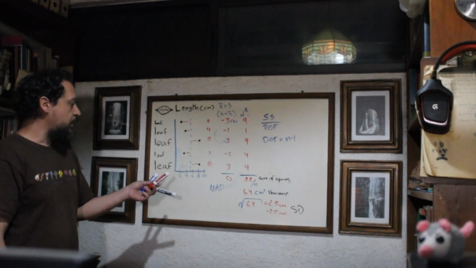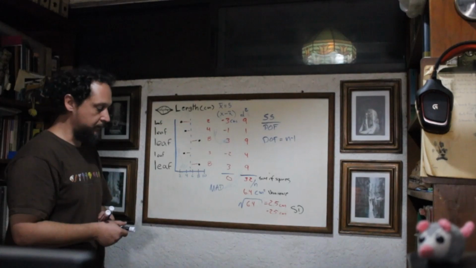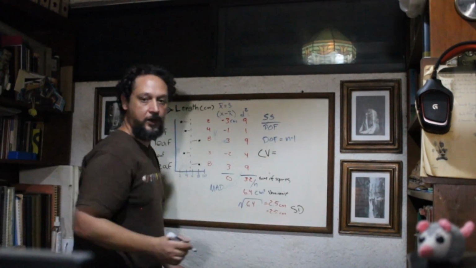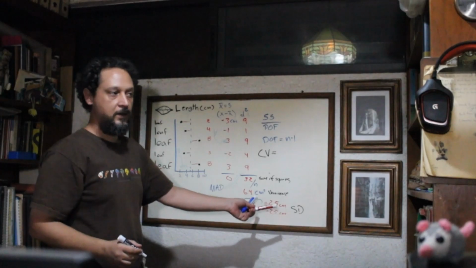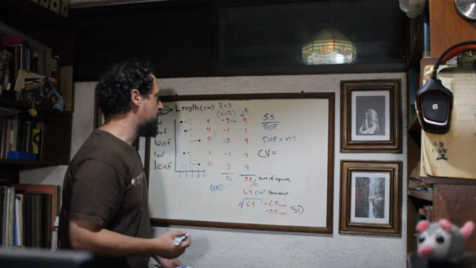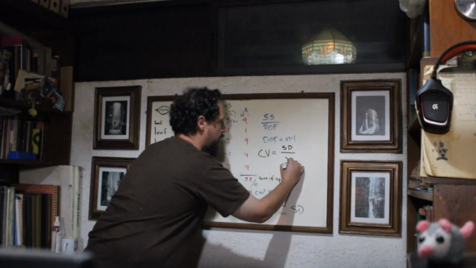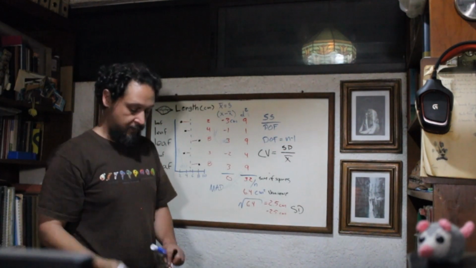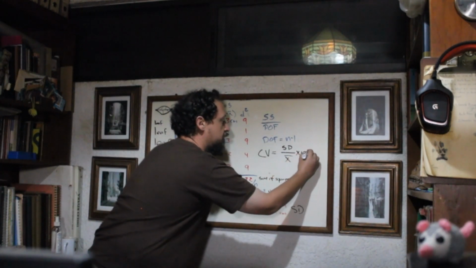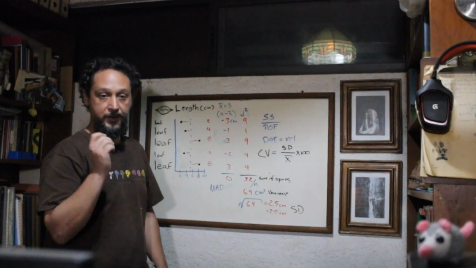Now, another useful parameter here is the coefficient of variance. It's just the standard deviation, but in proportion to the mean. So it is the standard deviation over the mean, times 100 to obtain the final result in percentage.